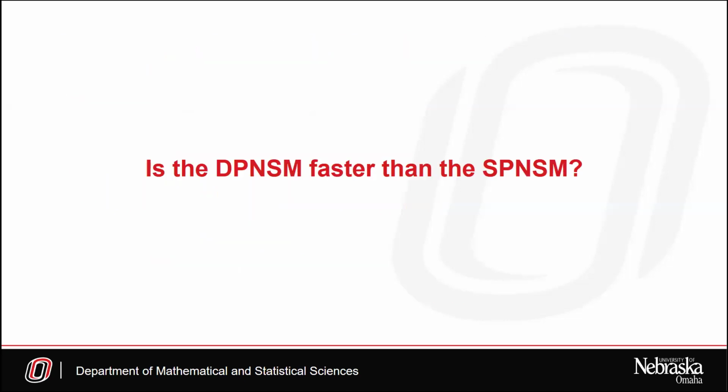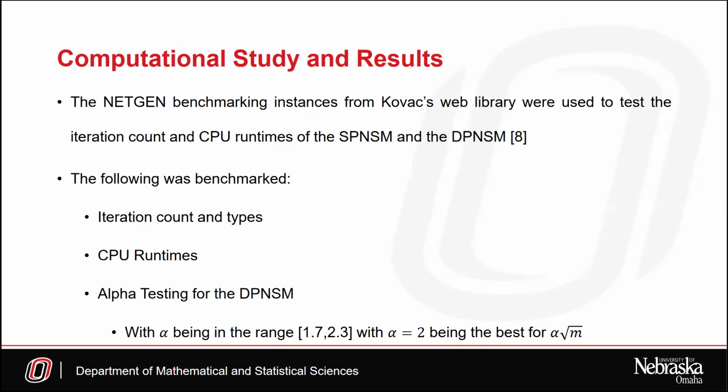Now, computationally, is this faster? Well, that's why I needed a benchmark, and that's what I did. The NetGen benchmarking library instances from Kovac's web library were used to test iteration count and CPU runtimes of both methods. The following was benchmarked: iteration count and types, CPU runtimes, and alpha testing for the block sizes.